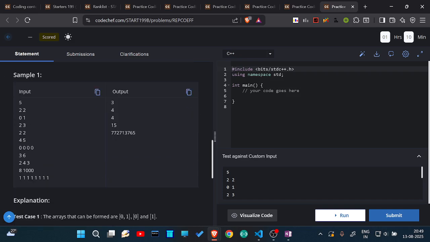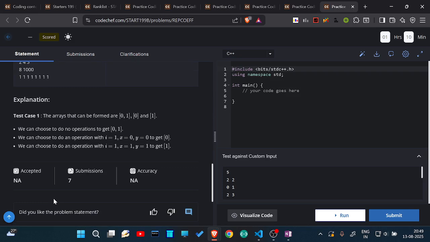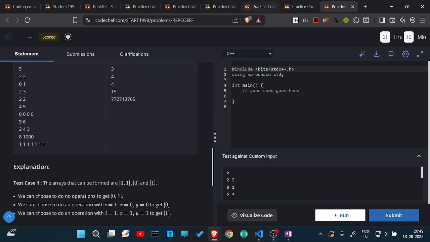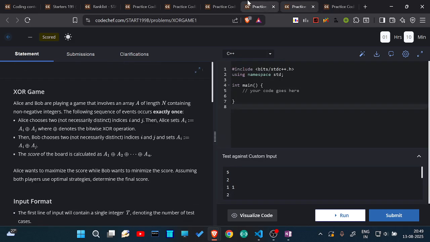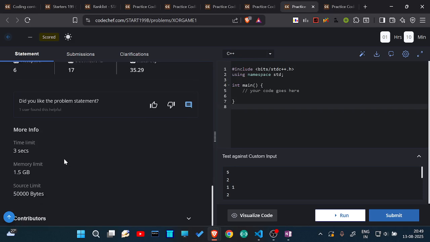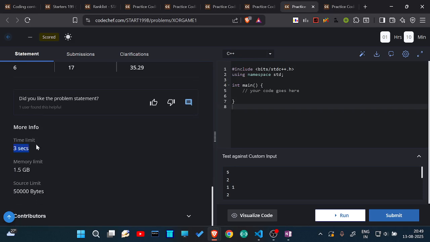Understand this problem. This looks even tougher. I mean, no idea. XOR game again, no idea. 3 second time limit. Bit by bit is okay.